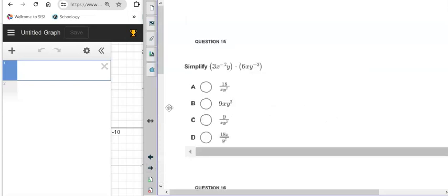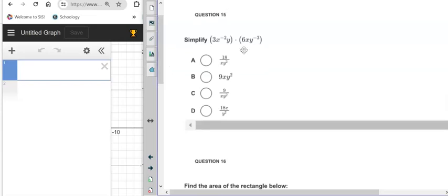All right, here's the next question. We're going to multiply the coefficient. Just multiply 3 times 6. So 3 times 6 is 18. And then you have x, so you're going to add the exponents.